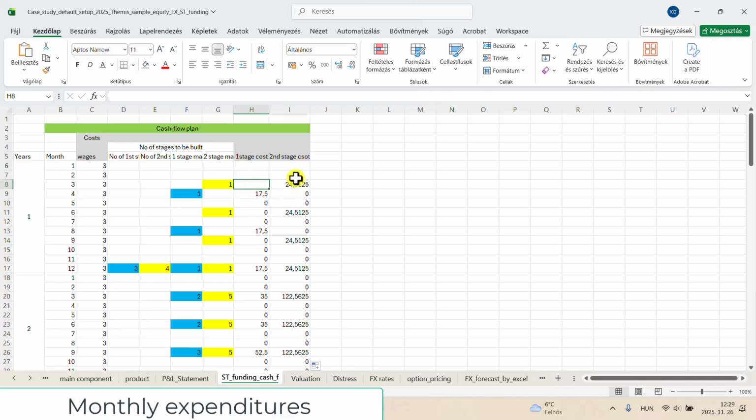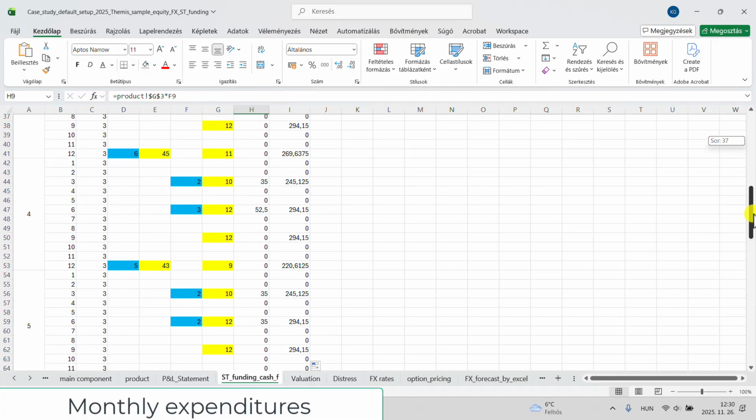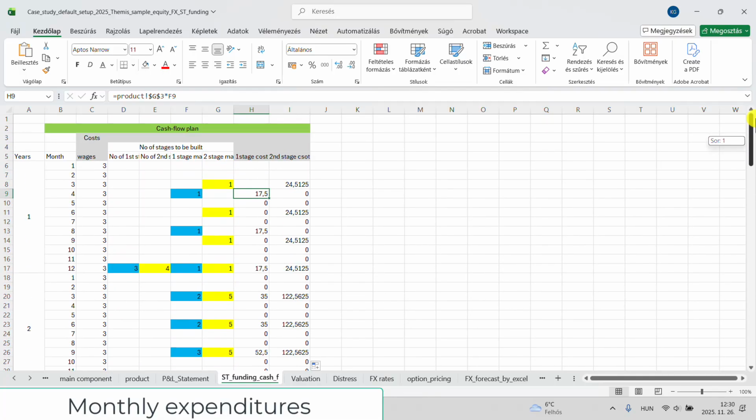So still we have to schedule the appearance of these expenditures in a smoother way. So this will be the gradual.